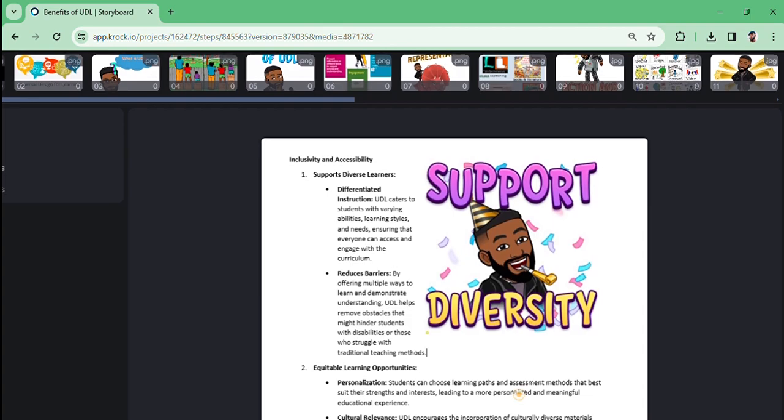And also, if the content is culturally relevant to the student, then they're more likely to be engaged in learning. So we have to ensure that we have culturally relevant concepts or content, or we teach it in a way that is culturally relevant. So say for example, in science, whenever we're teaching concepts, we could relate it to our specific geography.